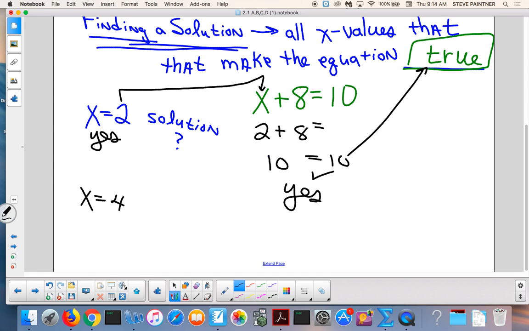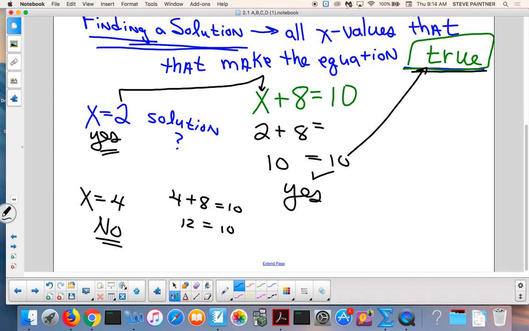Yes or no? No. If you plug it in, guys, you're going to get what? 4 plus 8 is what? 12. Does 12 equal 10? No. This is a no. This is a yes. That's all it is. You just check, check, check. See if it works. If it works, both sides will be equal, and that means you have something that makes it true.